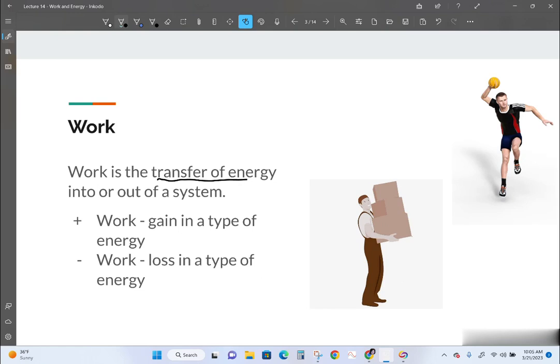So let's talk about negative work. Imagine that you have a ball and you push the ball and you let go of it so it has some speed and it just rolls along the table. Well, eventually it will slow down to a stop, right? So it has now lost kinetic energy. And why is that?